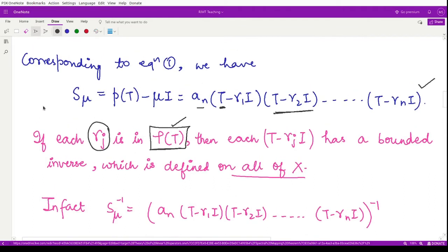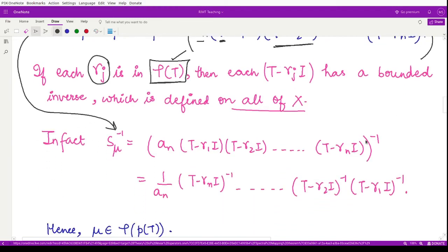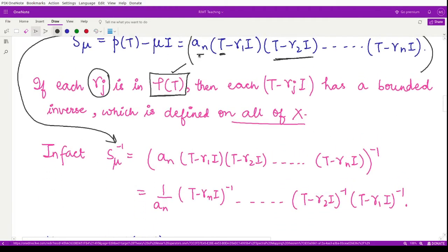In fact, what would be the inverse of this S mu? The inverse for this S mu would be taking the inverse of this factor. So how do you take the inverse? Now here an, being the leading coefficient, is converted, if you take the inverse, to 1 by an, and moreover for different operators of this kind, if you have (ab) inverse, you could write this as b inverse a inverse.